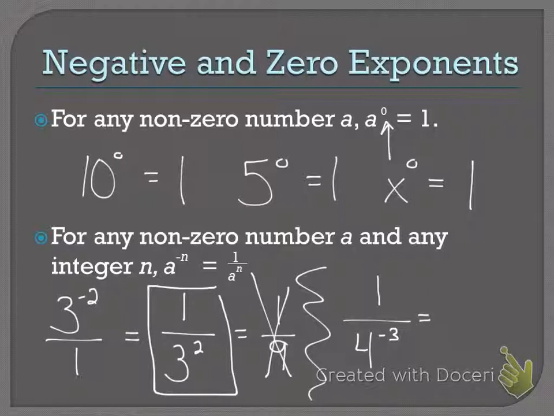Okay, now what if we had 1 over 4 to the negative third power? Well, the same concept applies. In order to get rid of my negative exponent, I need to write it on the other side of the fraction. So instead of it being in my denominator, it's going to be in my numerator. 4 to the positive third power over 1, or I could just say 4 to the third power.